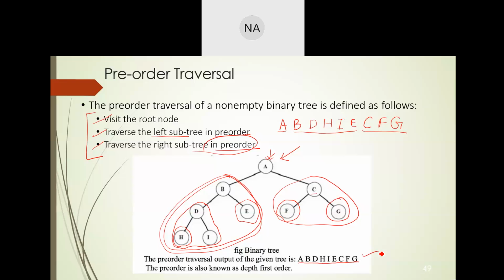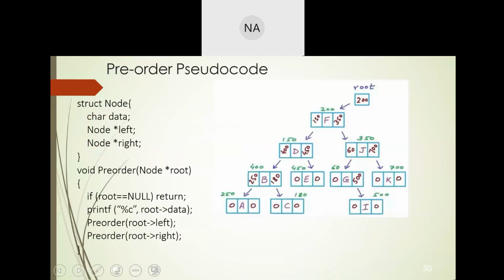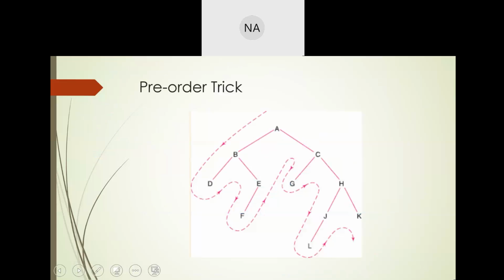Pre-order is also known as depth first order. Why depth first order? What is depth? Depth is the distance from the root node to the farthest leaf node.